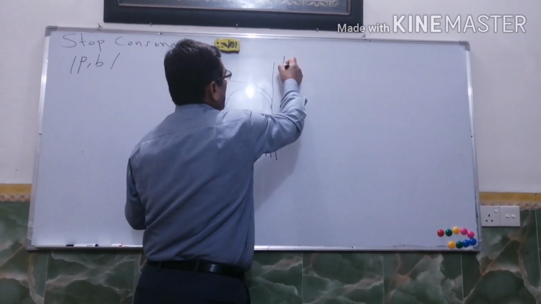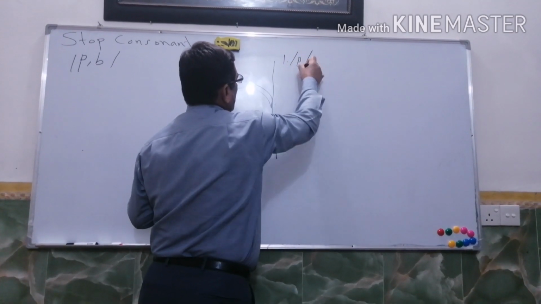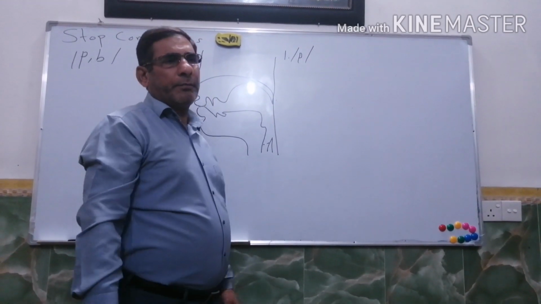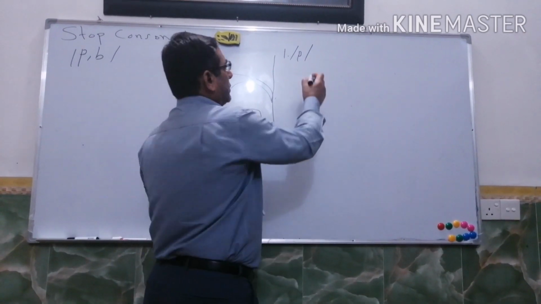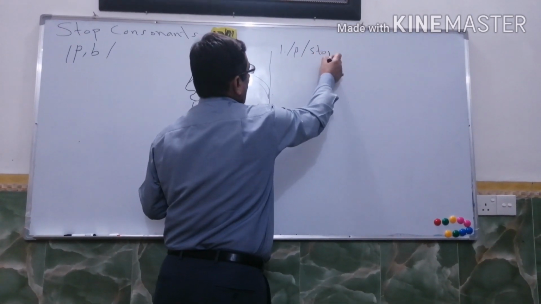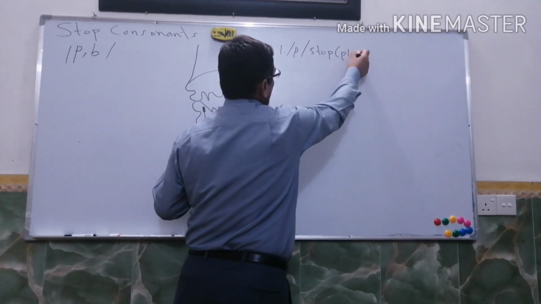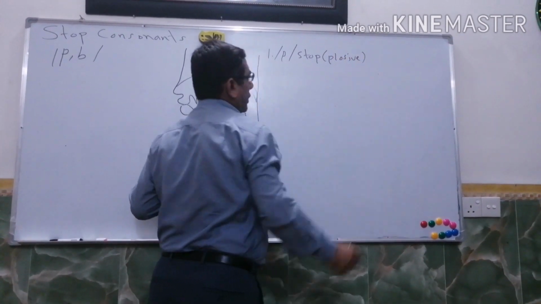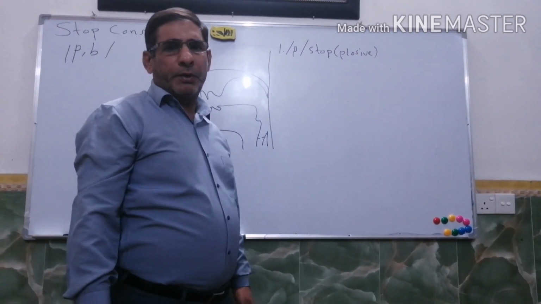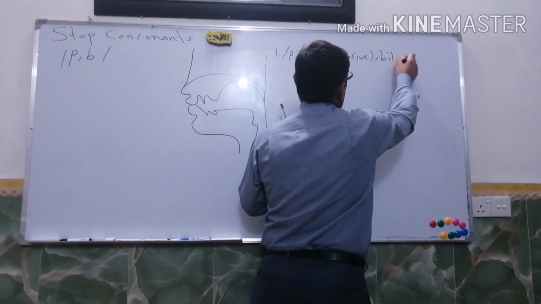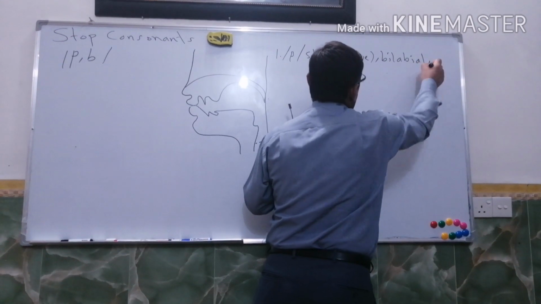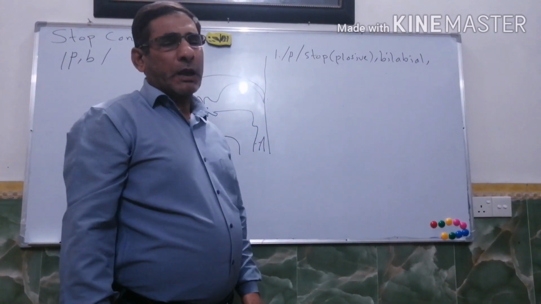First, we have p. From the point of view of manner of articulation, p is what? It is a stop or plosive. Now, from the point of view of place of articulation, it is bilabial.